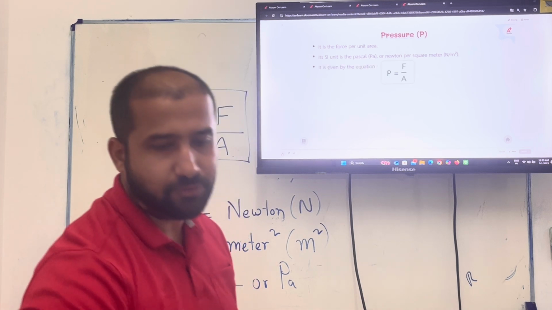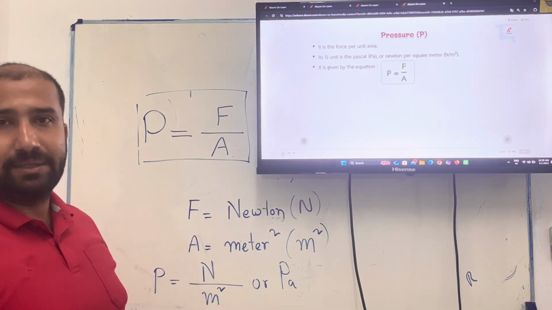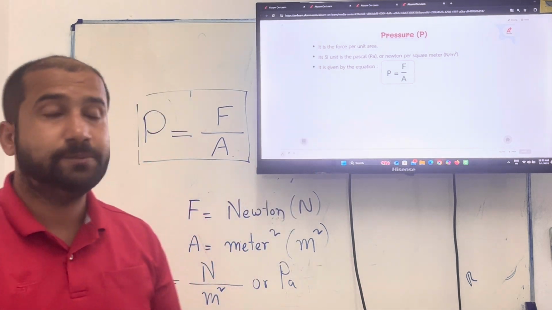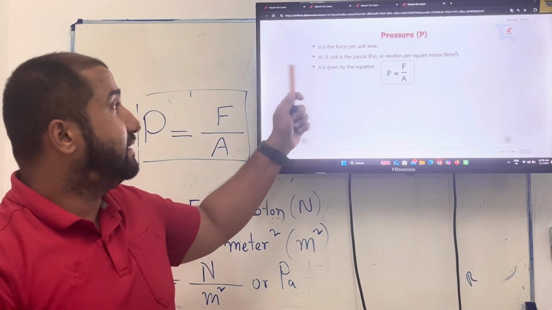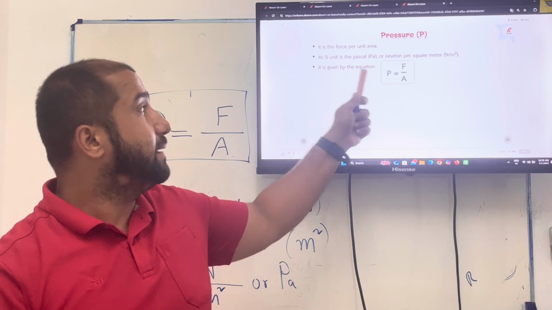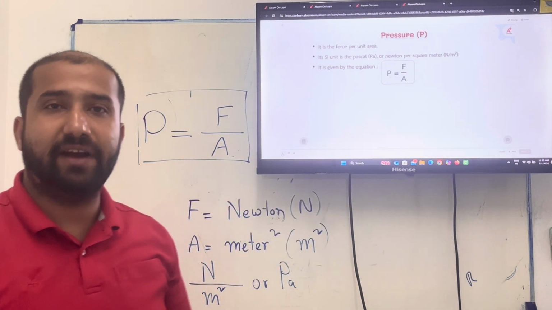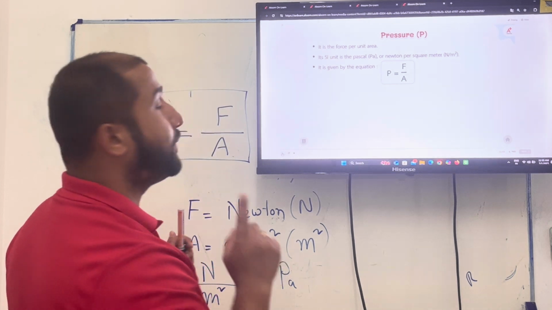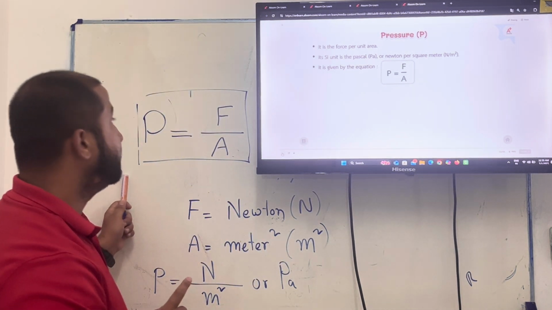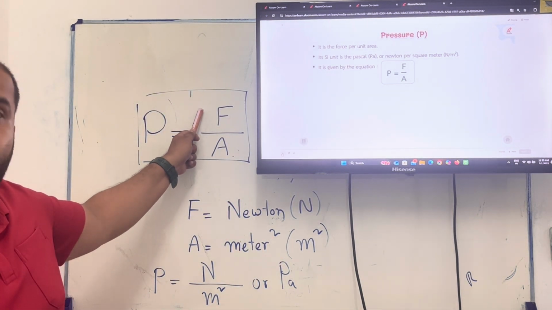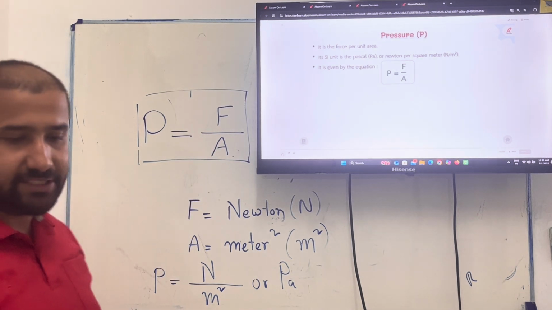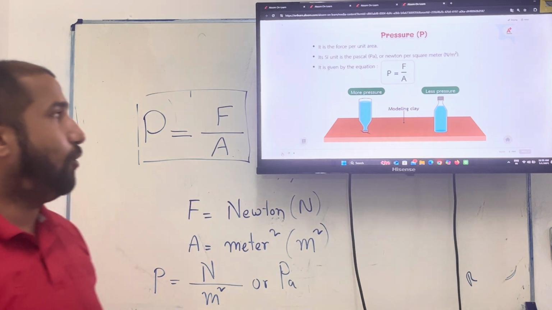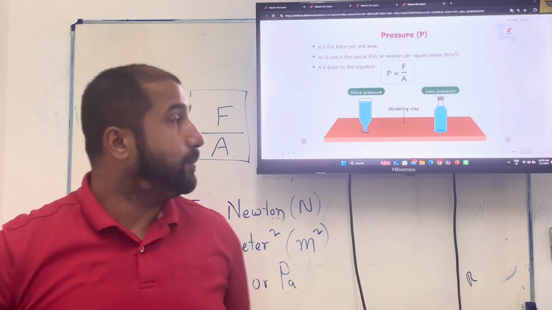Okay, so let's go for the next. As you can see on the board, the equation of pressure is P equal to F divided by A, where P represents pressure, F represents force, and A represents area. Now, there is a picture.